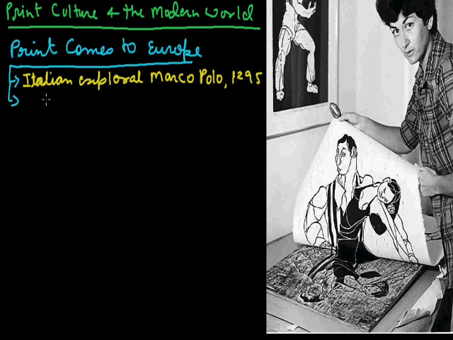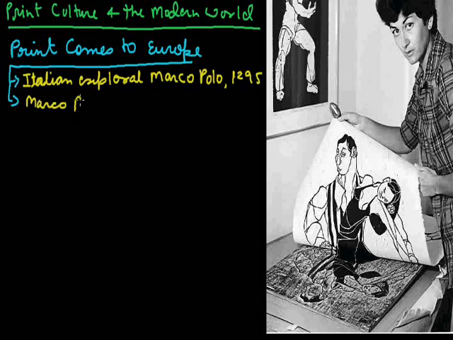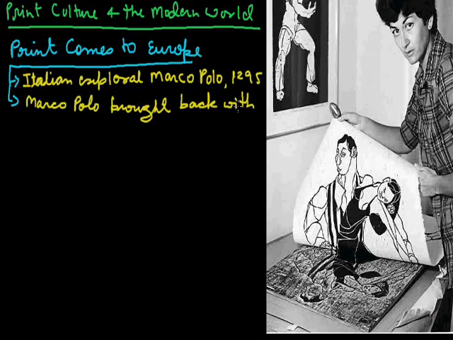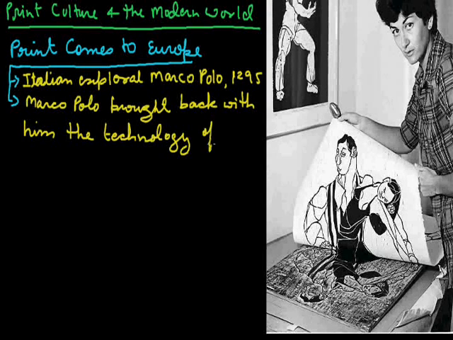Obviously, when he went back to his country Italy, he brought back with him the technology of woodblock printing, and this is how we see the starting of print culture also in Italy with woodblocks.